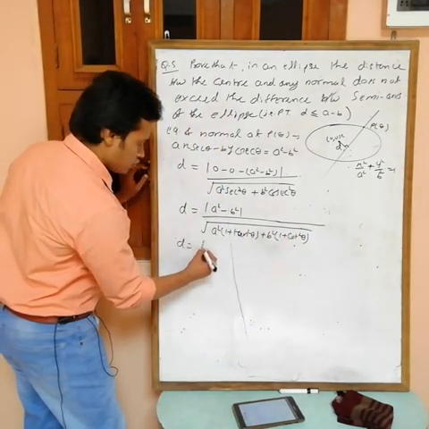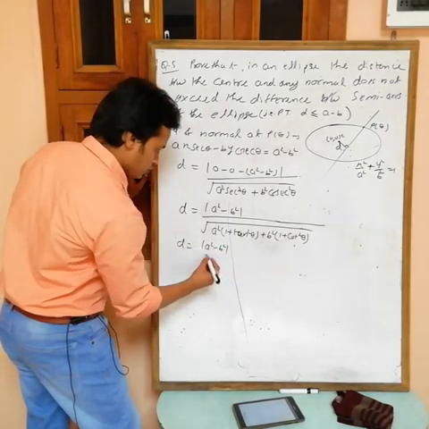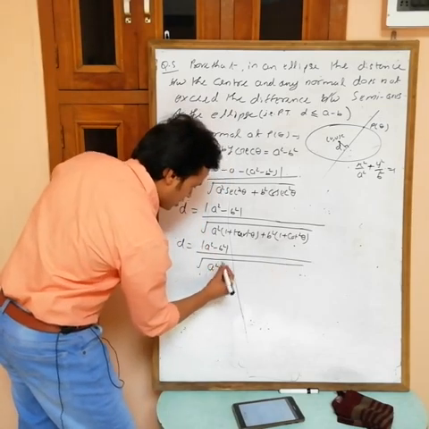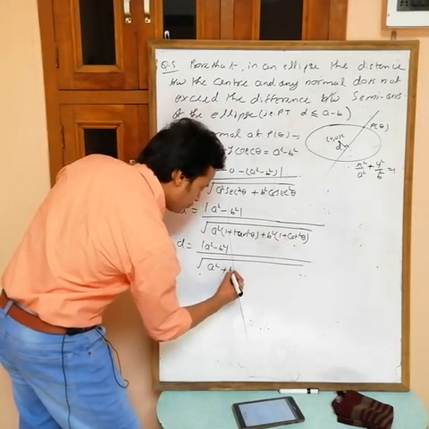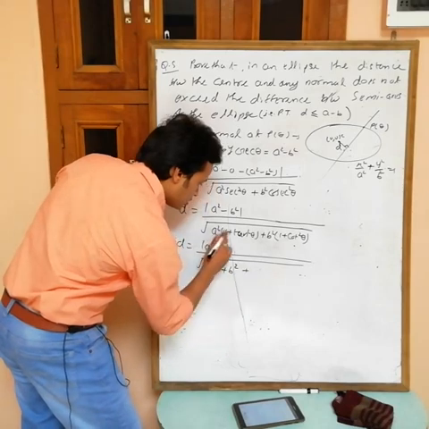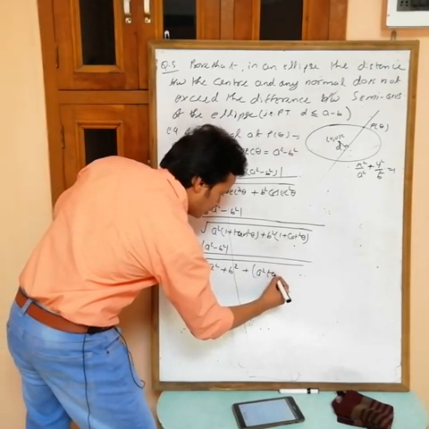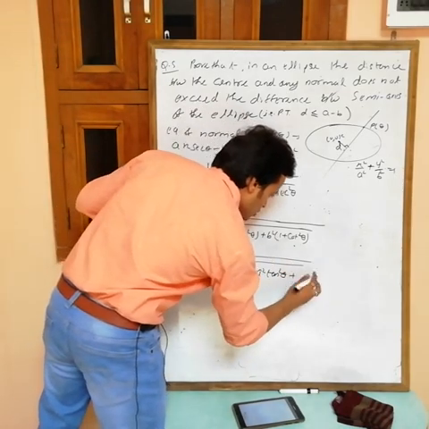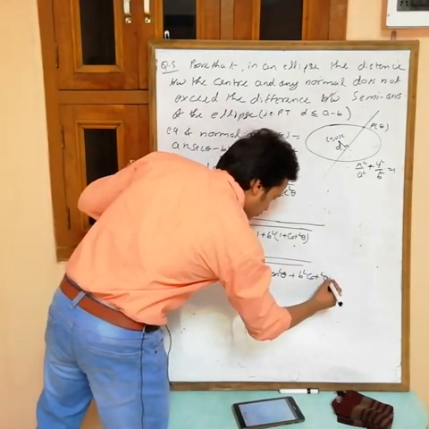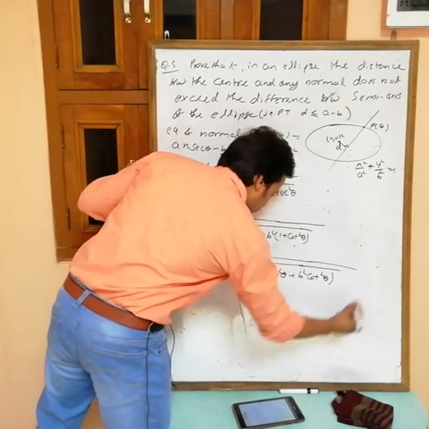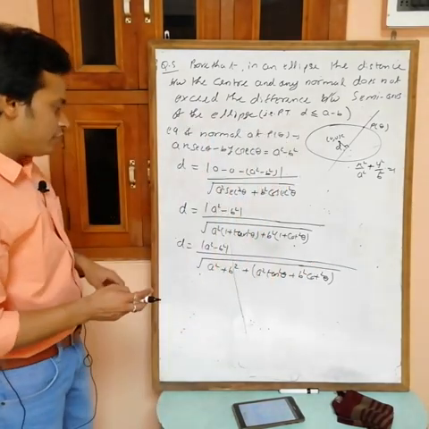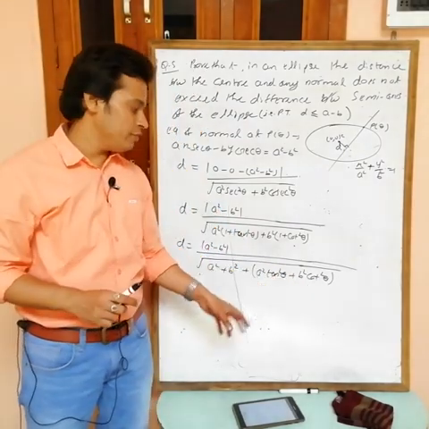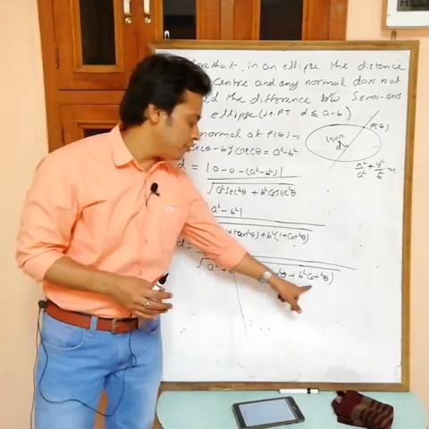Then d is equal to mod a square minus b square by root over a square plus b square plus a square tan square theta plus b square cot square theta. Now there is no problem. Now if you use AM greater than or equal to GM for this one, then easily we will get that. Just find the minimum value of this one.